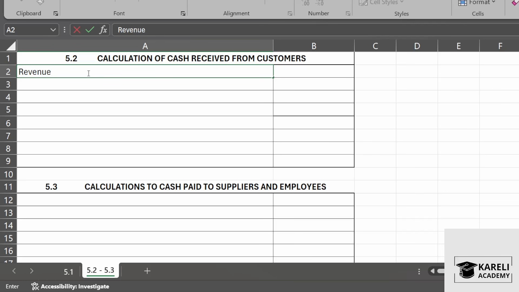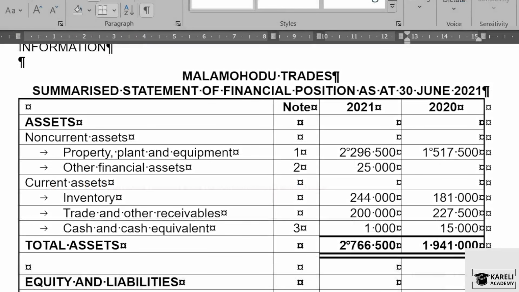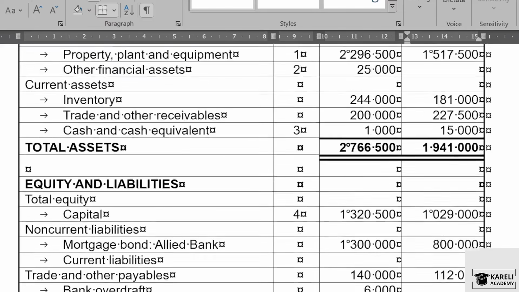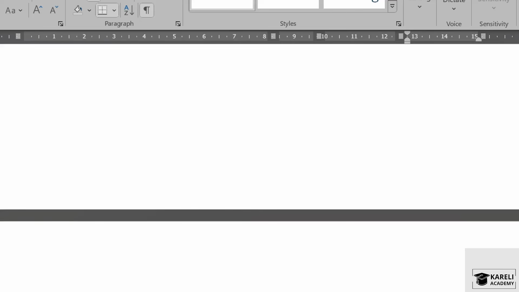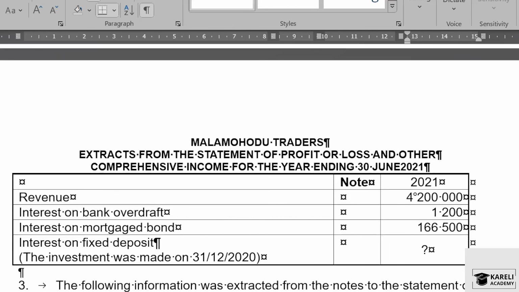We write revenue, and then how much is the revenue? Let's check. Go to your question paper. Where do we get the revenue? Revenue is found on the statement of profit or loss and other comprehensive incomes. Here it is, revenue. Right? How much is our revenue?